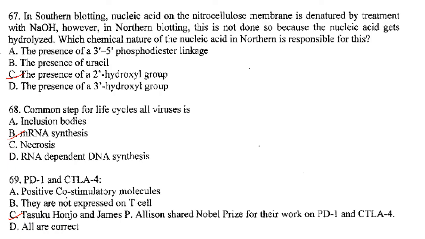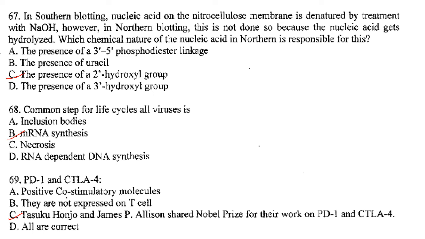Then next one. In southern blotting, nucleic acid on the nitrocellulose membrane is denatured by treatment with NaOH. However, in northern blotting, this is not done because the nucleic acid gets hydrolyzed. Which chemical nature of the nucleic acid in northern is responsible for this?